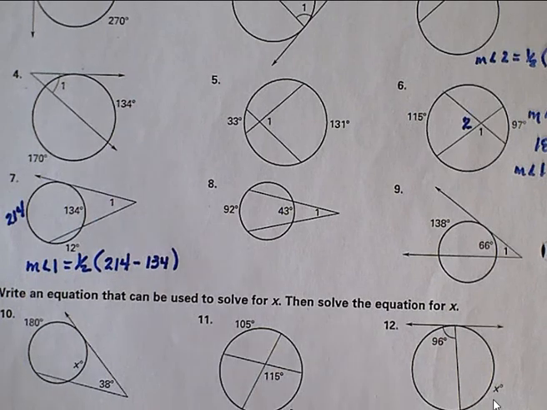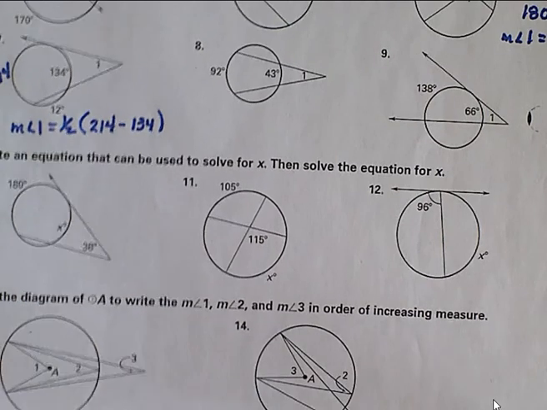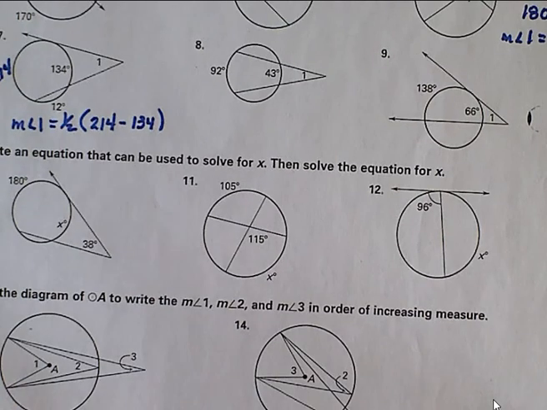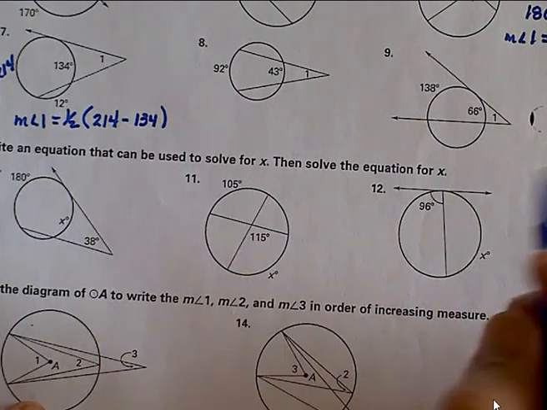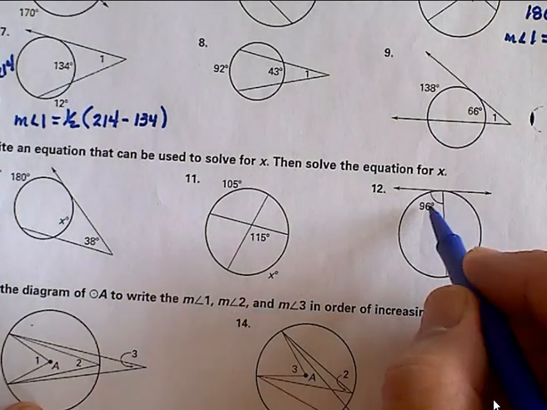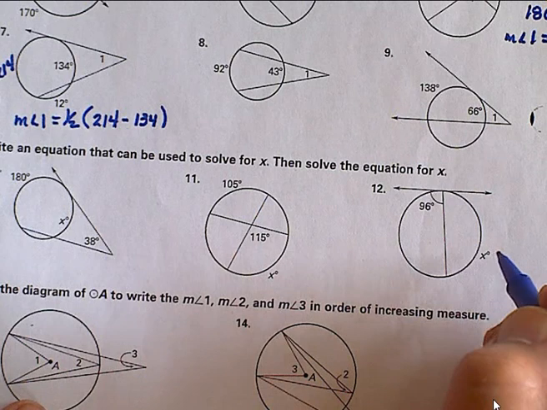Numbers 10 through 12, they want you to set up a formula, but they don't want you to solve it. You don't need to. I would accept different versions here, but like on number 12, I'm given that this is 96, but I need over here.